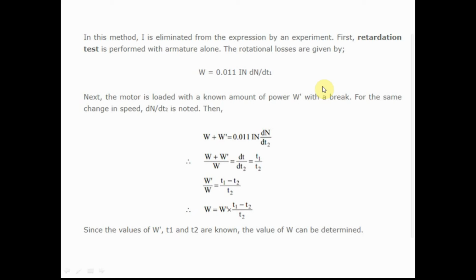The motor will be connected to the resistive load. Now the total kinetic energy will be utilized in two ways. One way, it will be supplying the stray losses. In the second way, it will be giving a certain amount of power to the electrical load.